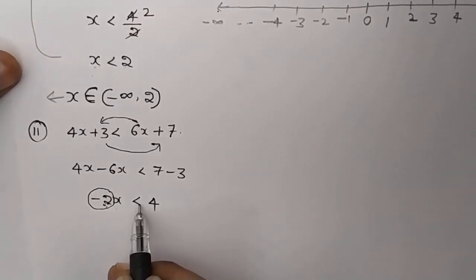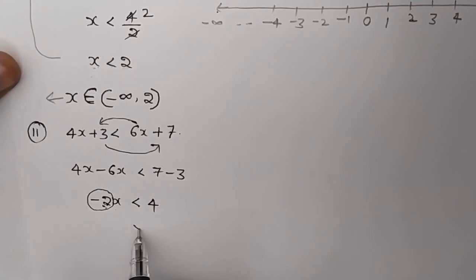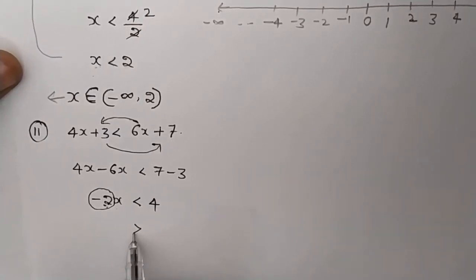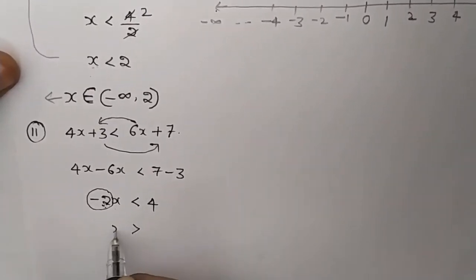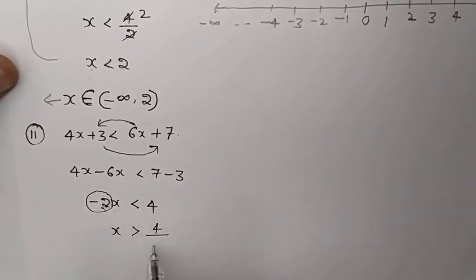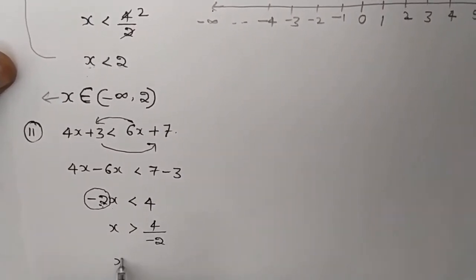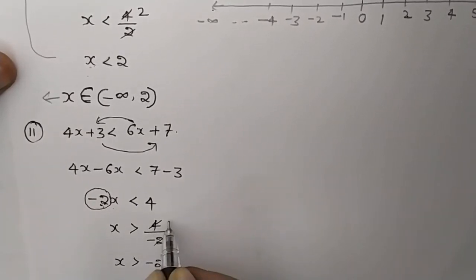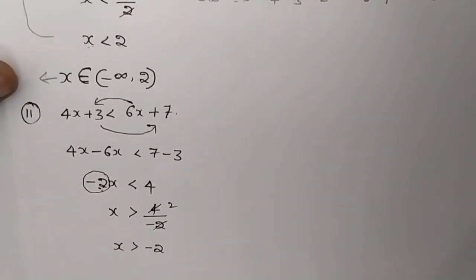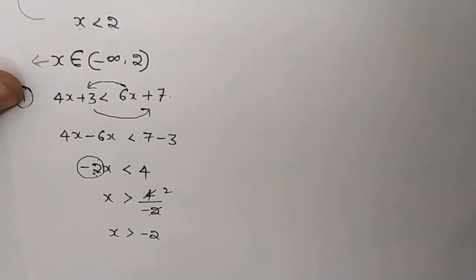Therefore this inequality changes to greater than. So x is greater than 4 divided by minus 2. Therefore x is greater than minus 2. Okay, x greater than minus 2.